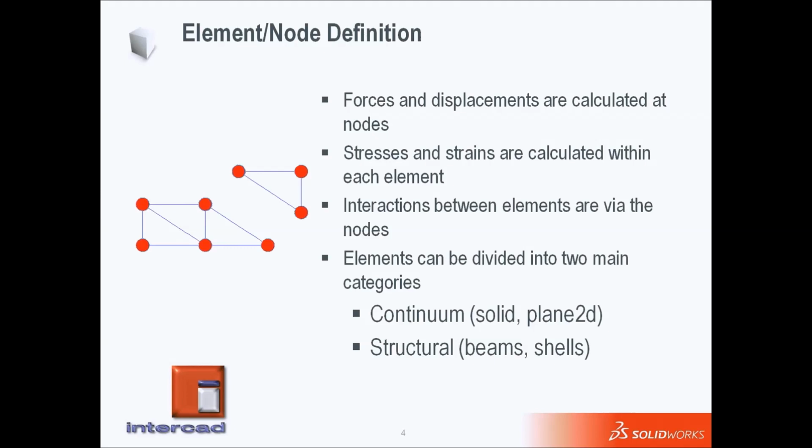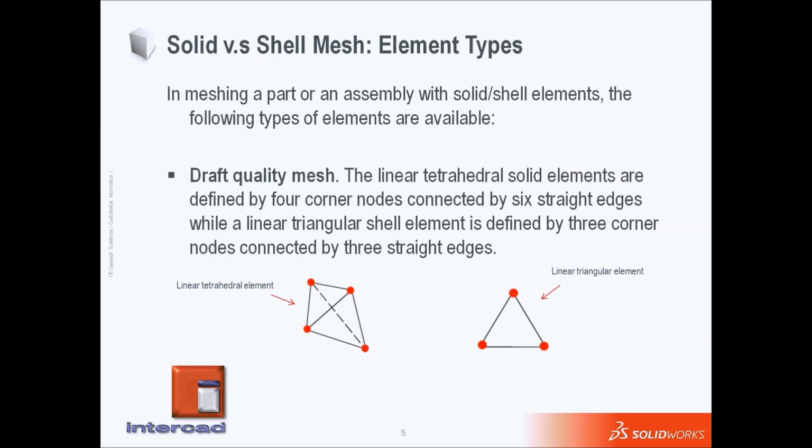With that definition, we will go through the options we have in SolidWorks for shell and solid meshing. When you are trying to mesh a part or assembly in SolidWorks, we have two options: going for draft quality mesh or high quality mesh.